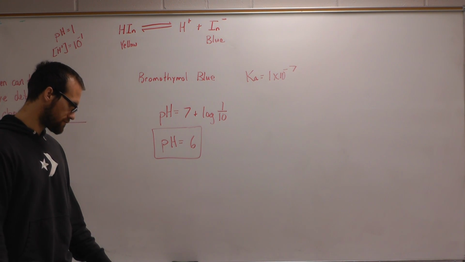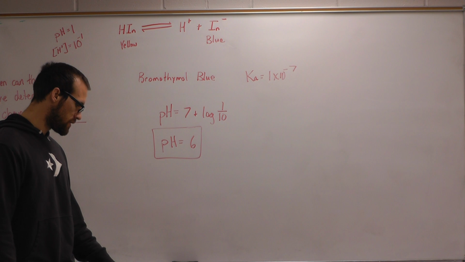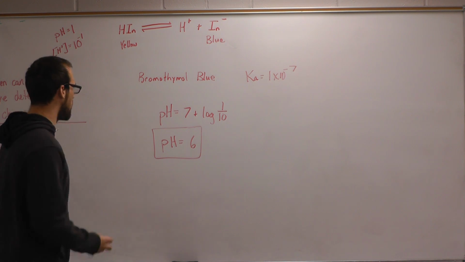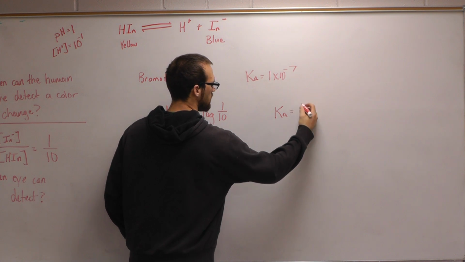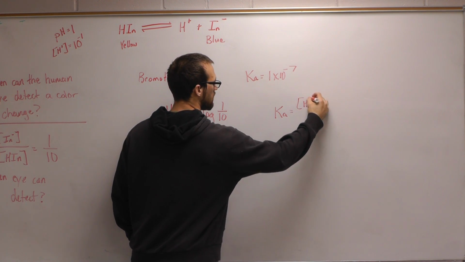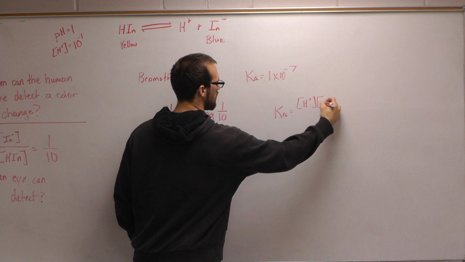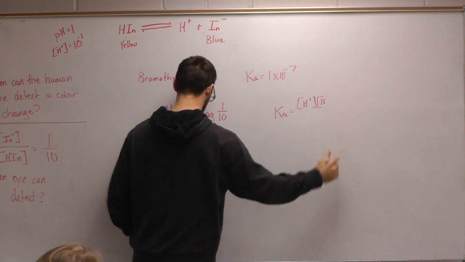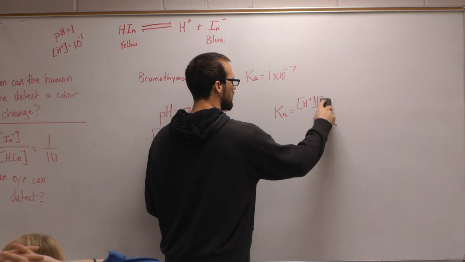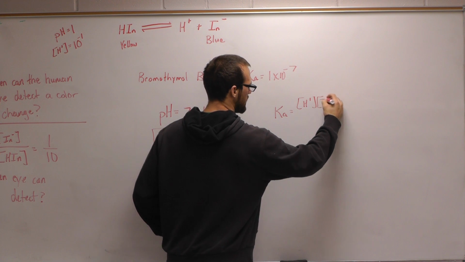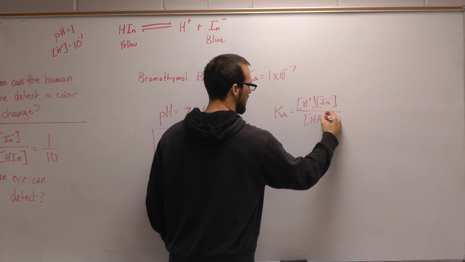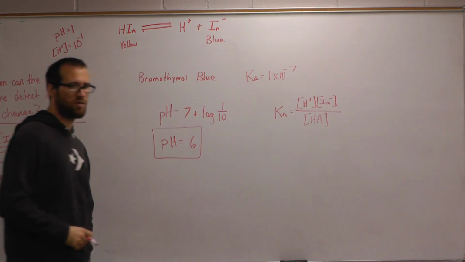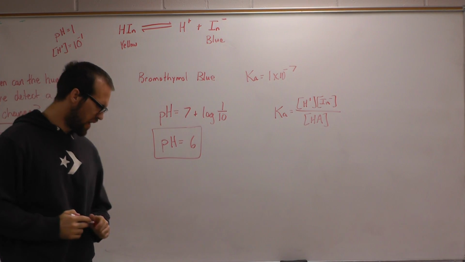Now, we could have done this using this equation as well. But I personally think it's easier using the Henderson-Hasselbalch equation, although if you feel like you would rather use that equation, you absolutely can.